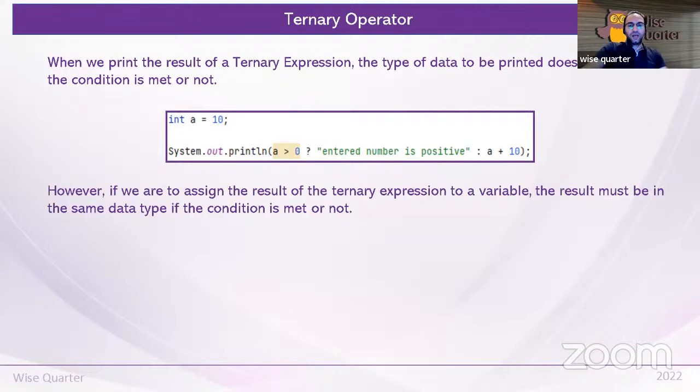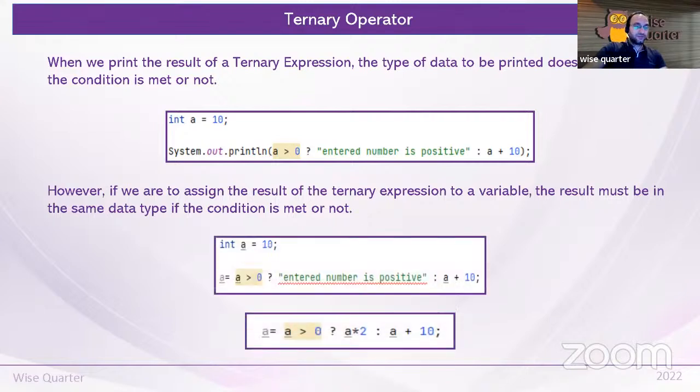But of course, because of this, there is a catch, a backfire. If you use different data types in a ternary, when you try to assign it like this, Java will complain, because if A is lower than 0, it will return a text value.